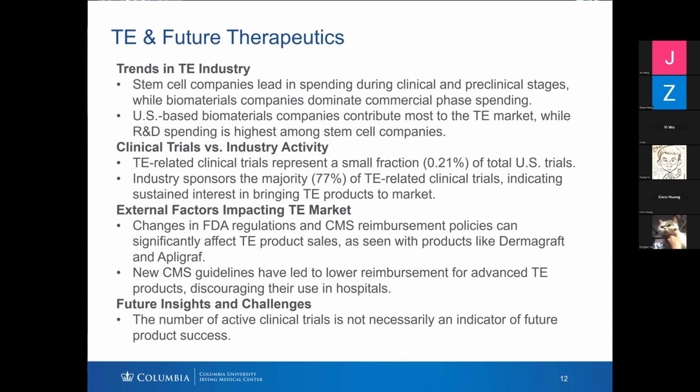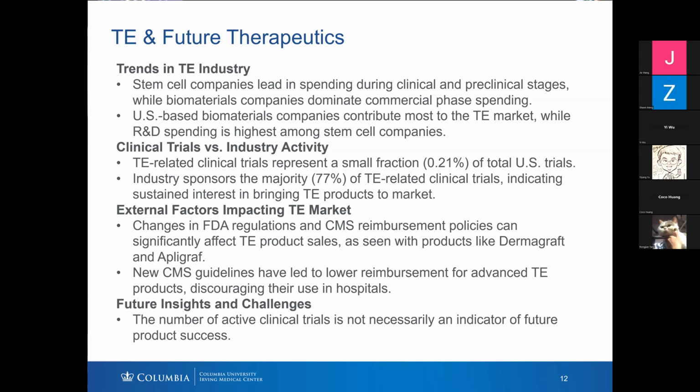So stem cell companies are still leading in research and development spending during the early developmental stages, while most biomaterials companies focused on autologous development have already entered the commercial phase. So they are running at higher operation costs. Interestingly, even though tissue engineering is a small subset of clinical trials in the US, there's significant industry sponsorship at 77%.